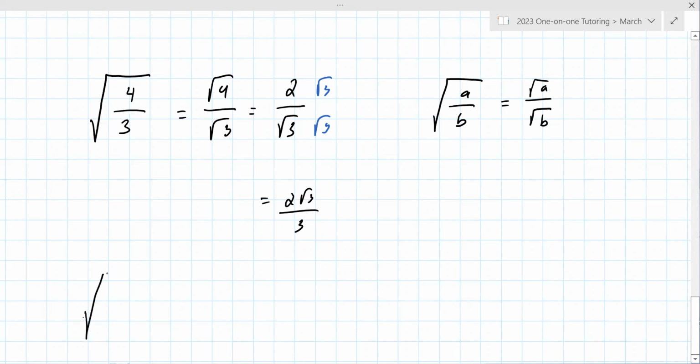Okay. So let's have you try one here. How about the square root of 9 halves? Square root of 9 halves. Could you work that out for us, please? It's very similar to what I just did.